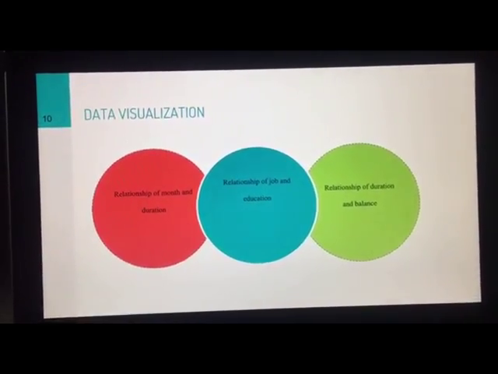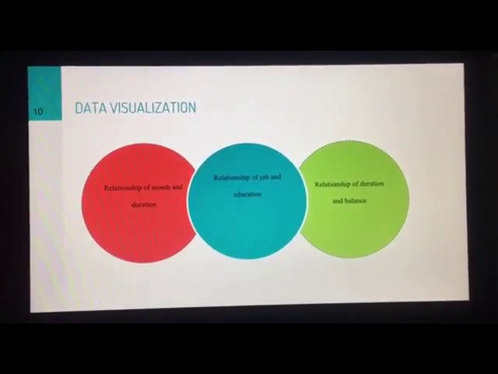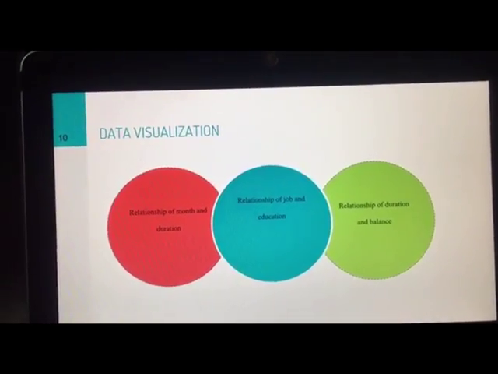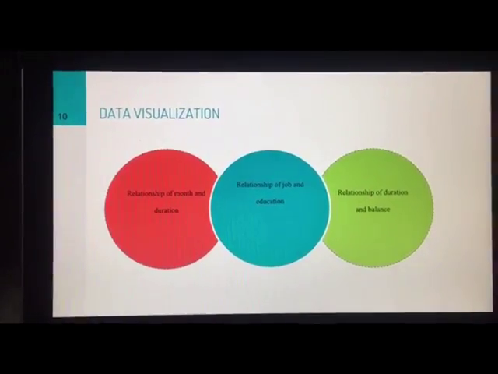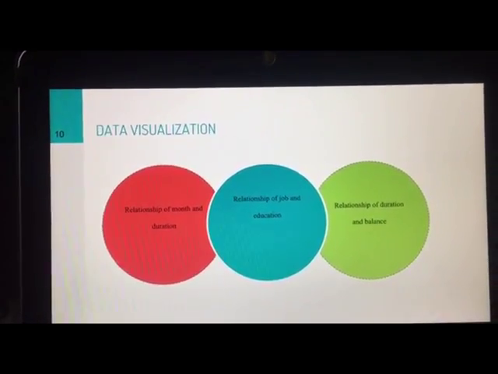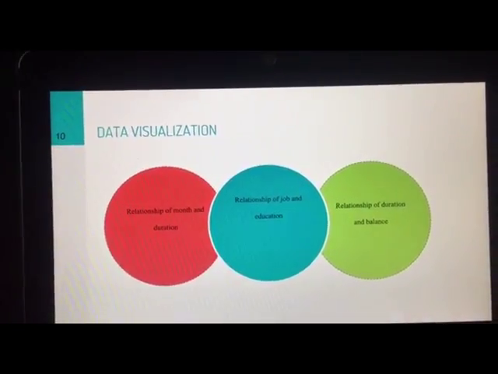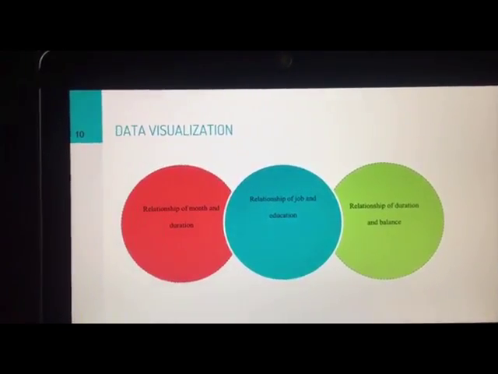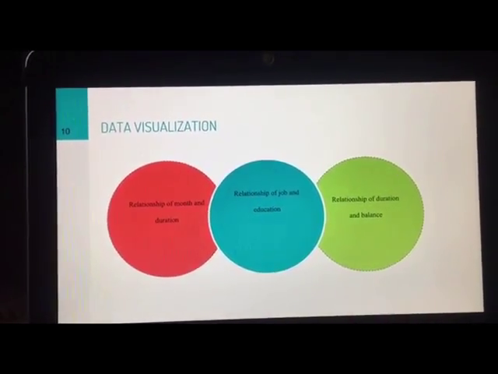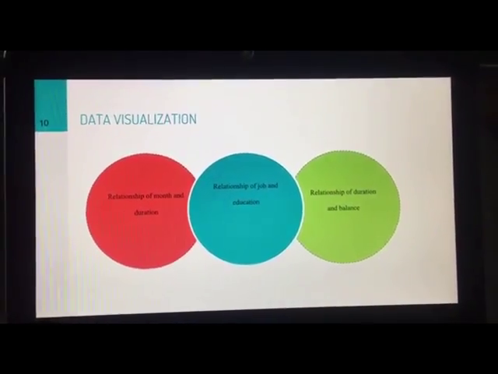For the other visualization of the data, we have chosen the figure of the relationship of the duration and the balance. For this figure, we can see that there's a correlation between the duration and the balance. It is clear that the customers with higher amounts of money in their accounts are spending more time calling the bank to communicate with them, and it has a really important relationship.